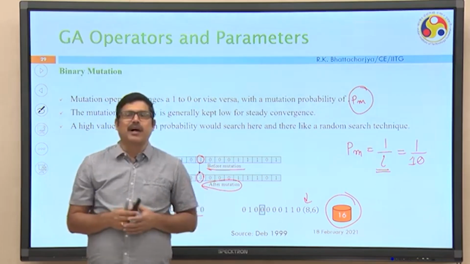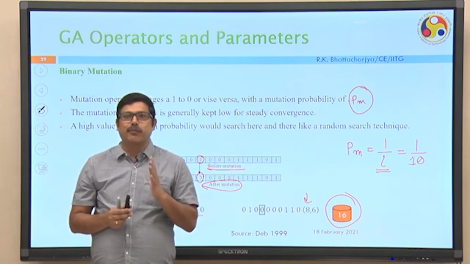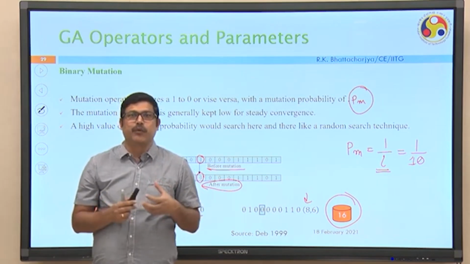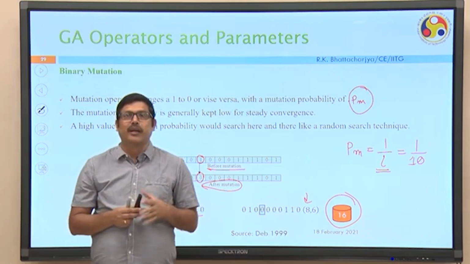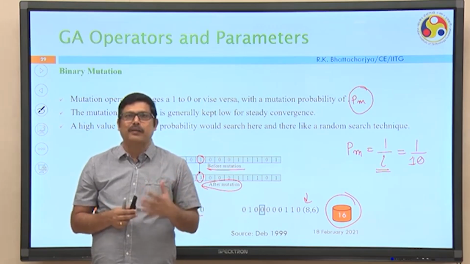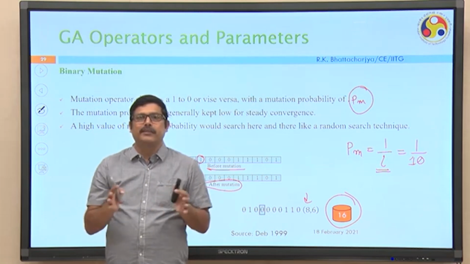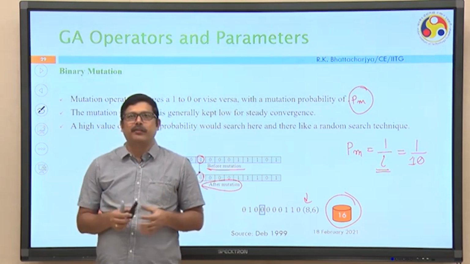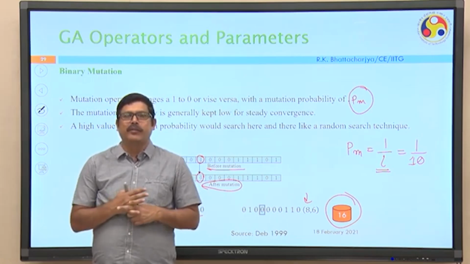So, if we summarize now, we have discussed the selection operator. The selection operator is not producing any new solution, it is not searching, it is only creating multiple copies of the better individual. Then the crossover operator is creating new solution, but it is acting as a local search, it is just searching near the parents. To summarize what we have discussed today, we have discussed the selection operator.